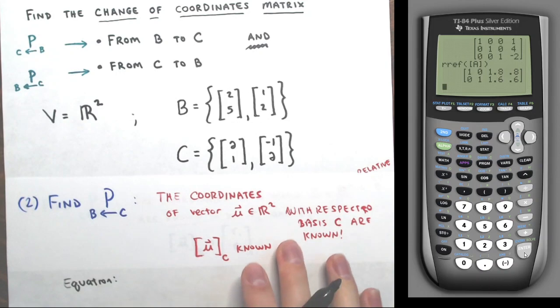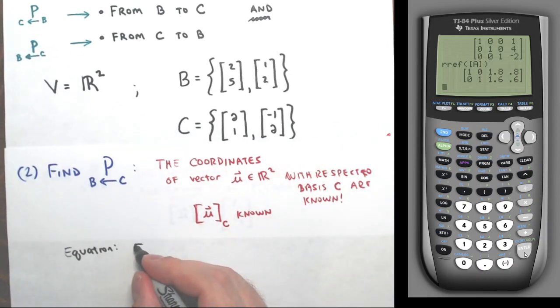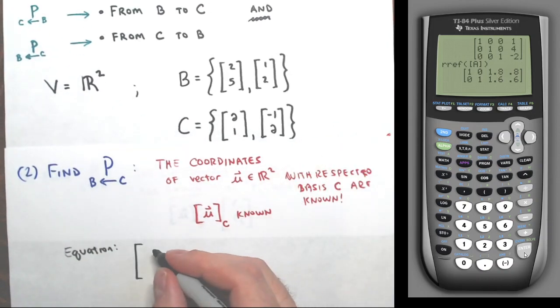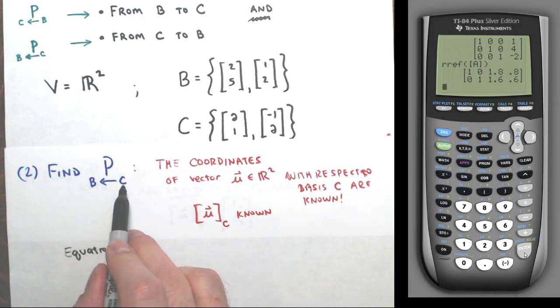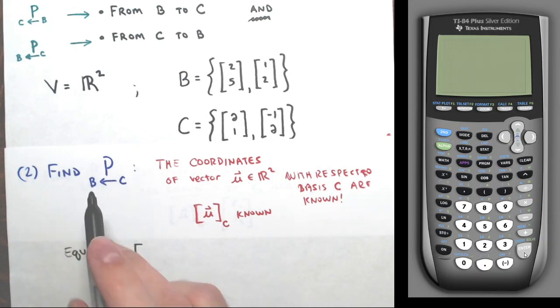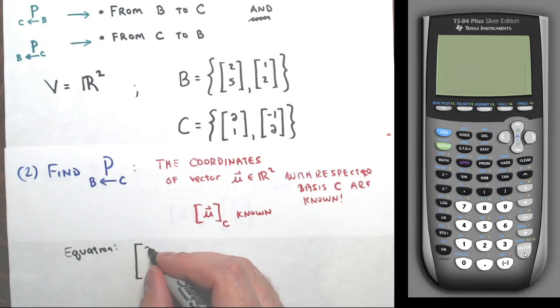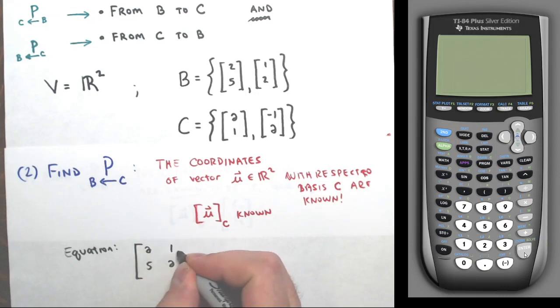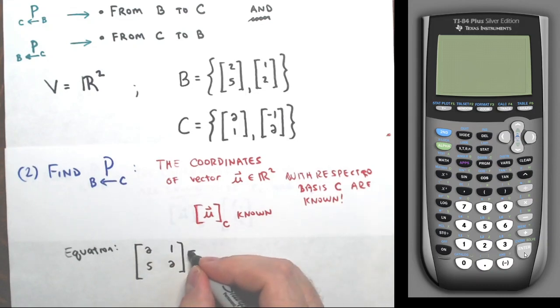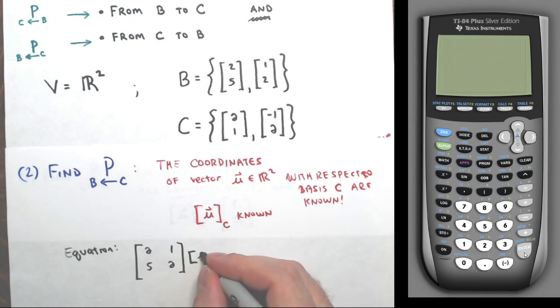where I have a matrix, and I'm going to put the B stuff on the left, the C stuff on the right, so the notation makes sense. All right, so 2, 5, 1, 2 times the coordinate vector of u with respect to B, right? These are the B vectors.